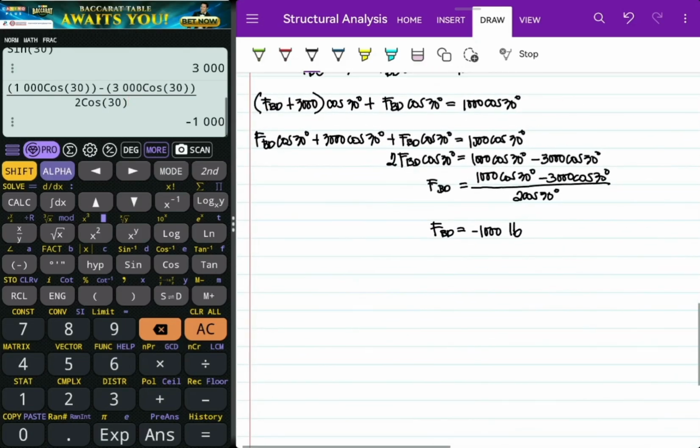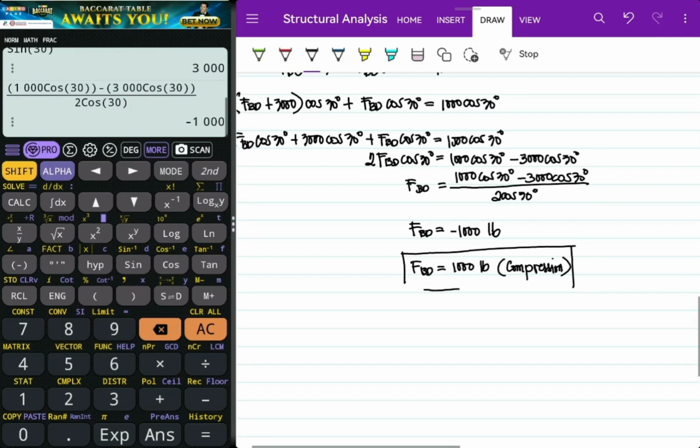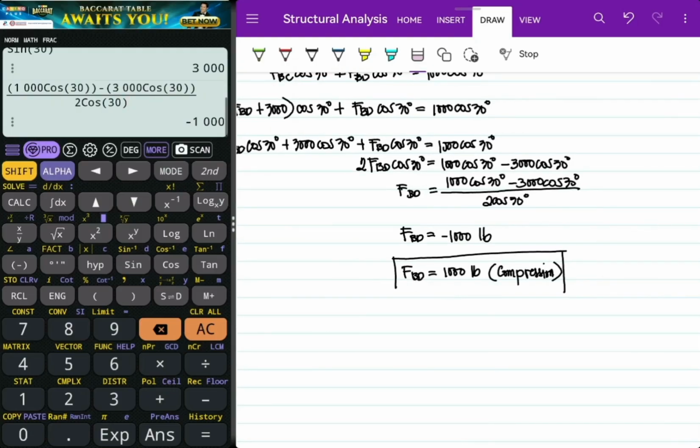So therefore, FBD is equal to positive 1000, but we have to write the correct sense, which is compression. Now this is no longer the typical equilibrium of a particle or the force system resultant, wherein we write to the right or to the left or going up or going down is positive.